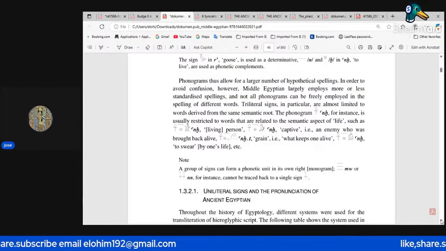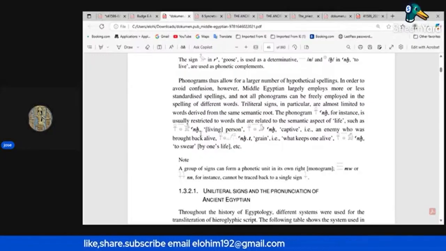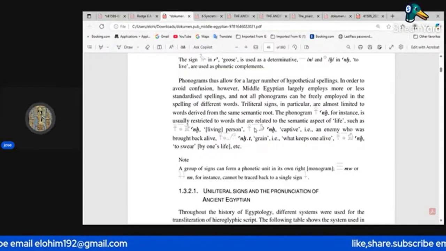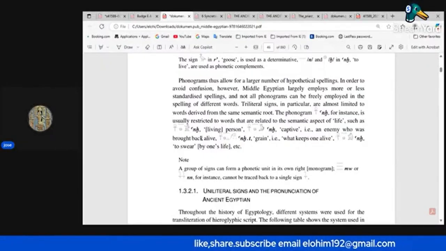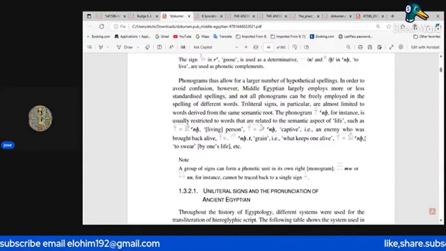The phonogram onk, for instance, is usually restricted to words that are related to the semantic aspect of life, such as living person, captive, i.e., enemy who was brought back alive, grain, i.e., what keeps one alive, to swear by one's life, etc.